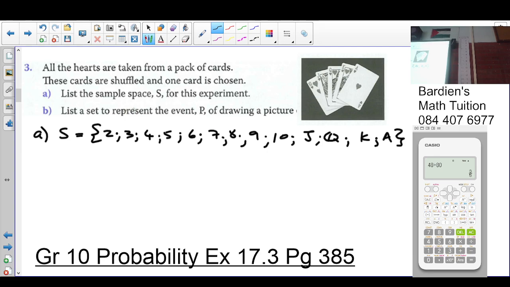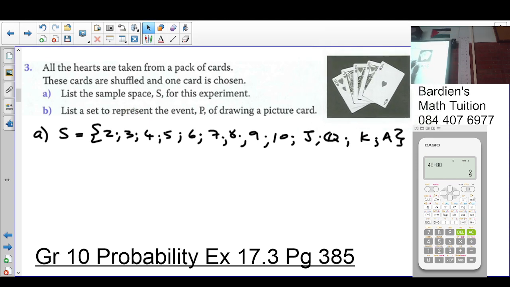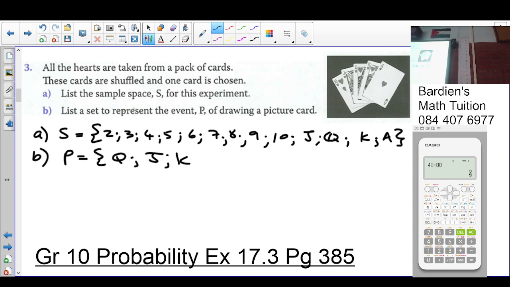List a set to represent the event P of drawing a picture card. The picture cards here would be Queen, Jack, King, and Ace. It's not Joker, it's Jack. Joker is a different card.